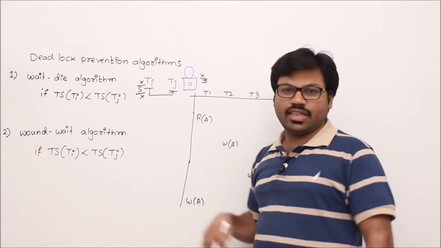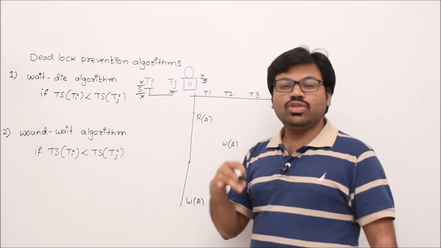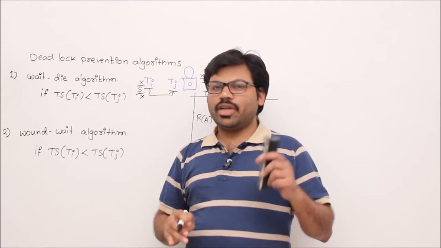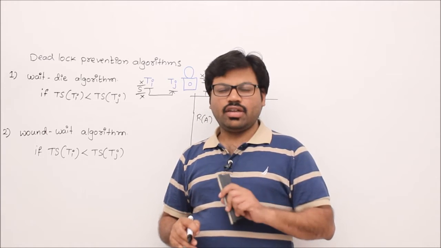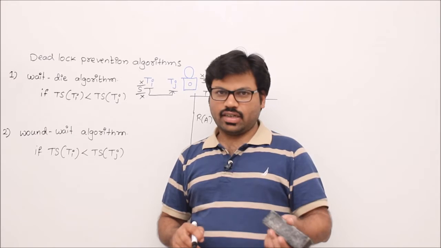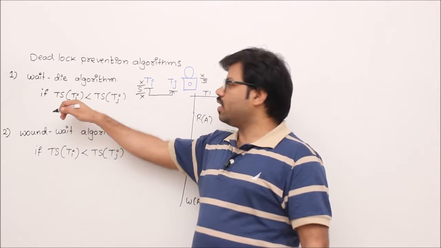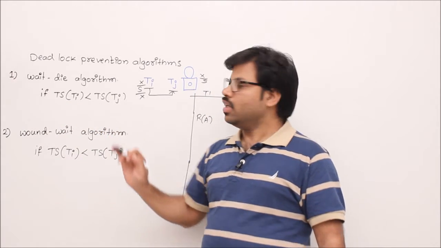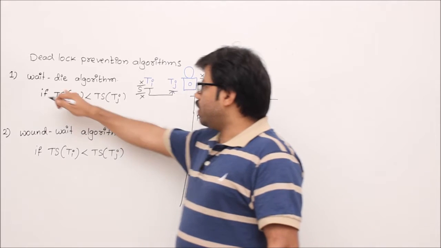In that situation, usually according to basic 2PL, or whatever the 2PL, it will block the transaction, correct? But rather than that, we apply this algorithm. That is the only difference. So now we will see the algorithm.